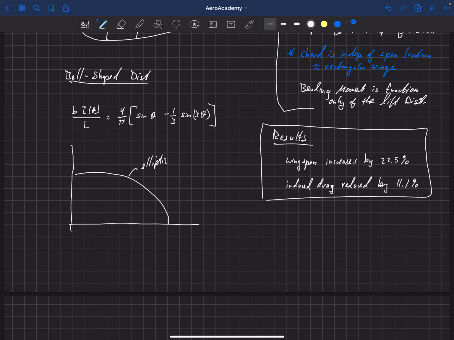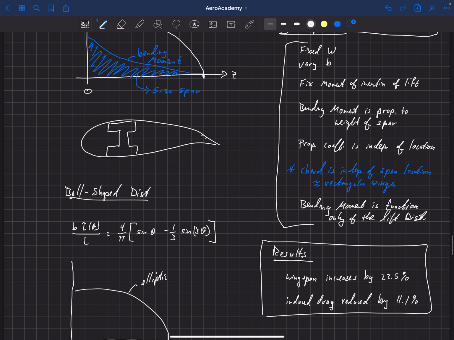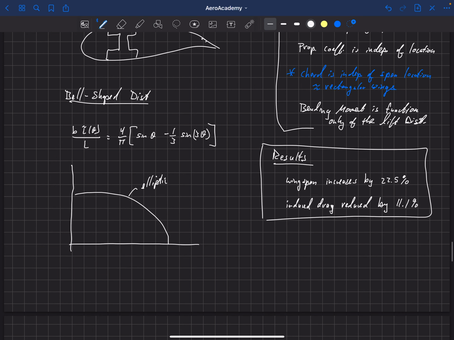That's like the center of lift multiplied by the distance from the center line. Well, we can create a bell-shaped lift distribution on a wing that has a 22.5% increase in span, that requires the same weight of spar, basically, if you're only looking at the lift distribution effect on sizing that spar.